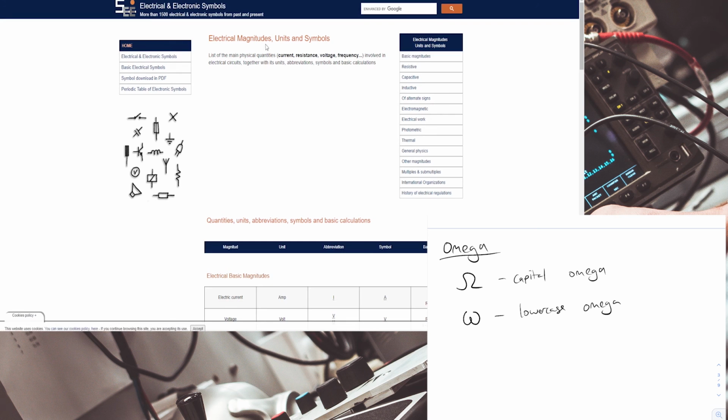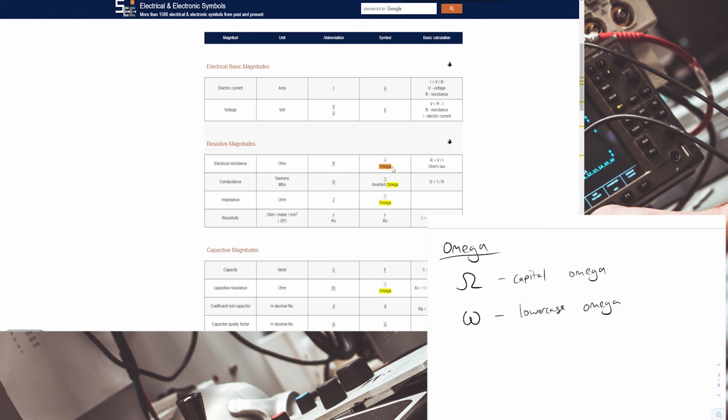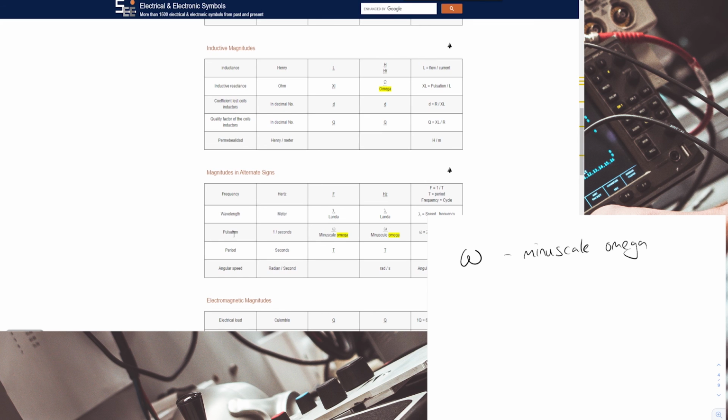Electrical magnitude units and symbols. I searched for it, it's not even there. Omega, inverted omega, minuscule omega. Okay, pulsation. Cheers, mate. How was I supposed to guess that out of the air? I thought it was lowercase, so now it's called minuscule omega, and it is pulsation. So this W is equal to pulsation.